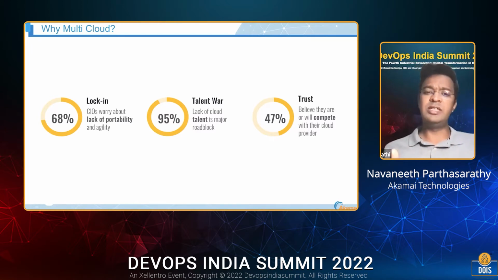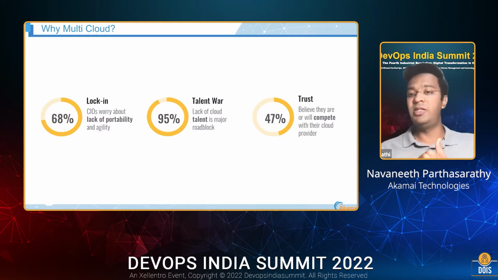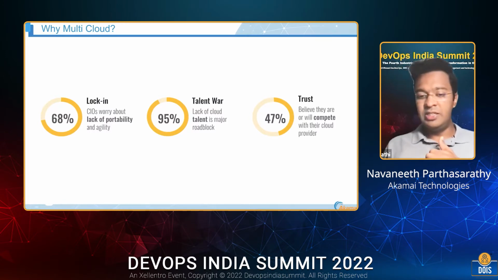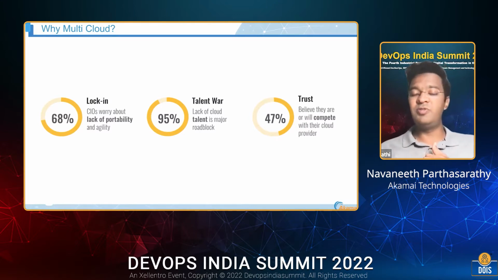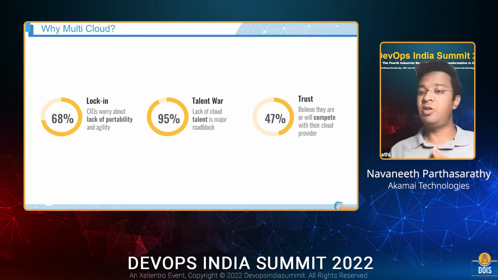And in the process, they tend to have, I would say, a multi-cloud architecture, where part of it can be on their own on-premise data center, whereas part of it will be on a particular cloud vendor. And the last one is about the overlap in the end product or the solutions that a particular organization offers, which tends to overlap with a few of the solutions which cloud service providers are offering now.